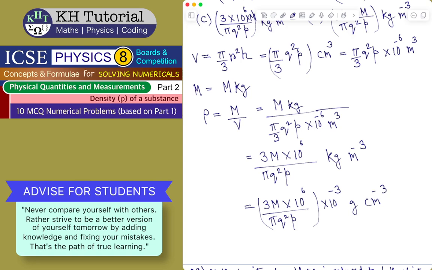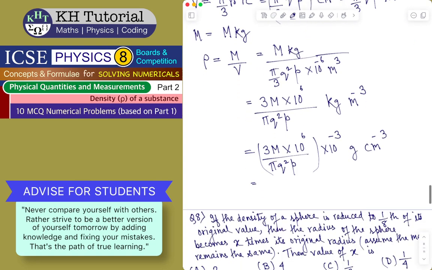Simplifying further, 10 to the power 6 multiplied by 10 to the power minus 3 is 10 to the power 3, that is 1000. So 1000 multiplied by 3 is 3000. So 3000 M divided by pi q square p gram per centimeter cube.